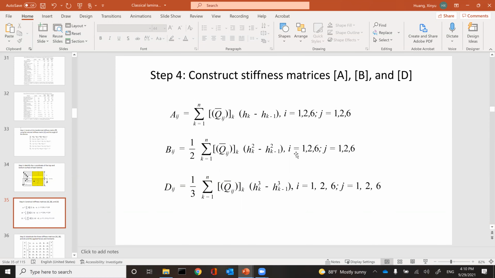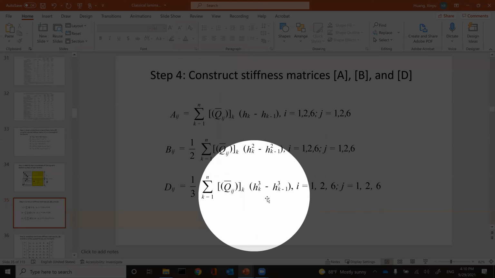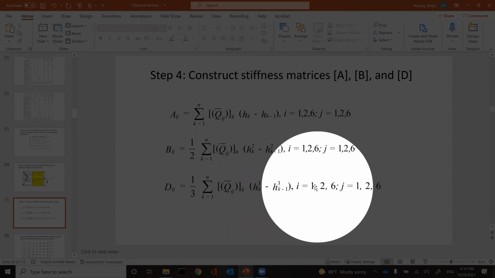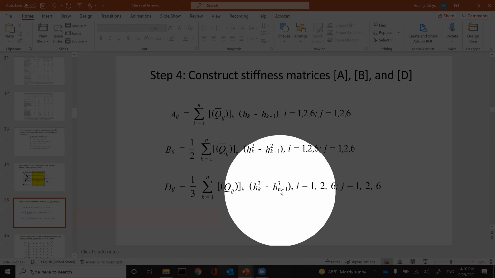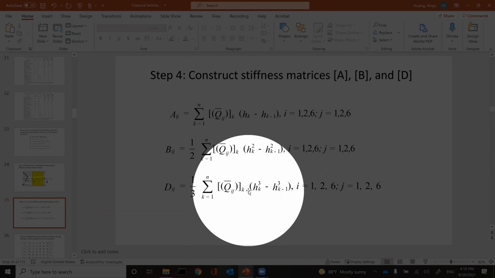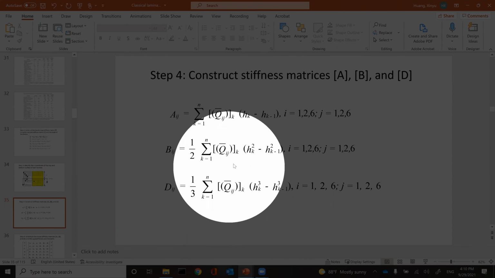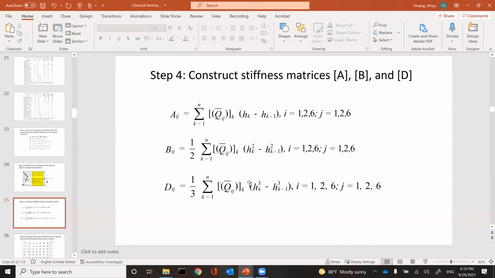This scaling factor differs depending on the location of the plies, and you have to calculate it based on the layout, your h or z numbers, right? And then the third one, similarly, is cubed. The scaling factor is h_k cubed minus h_k minus 1 cubed, divided by 3. That's the scaling factor for each matrix. Then you multiply each Q bar and sum them up. You get A, B, and D.